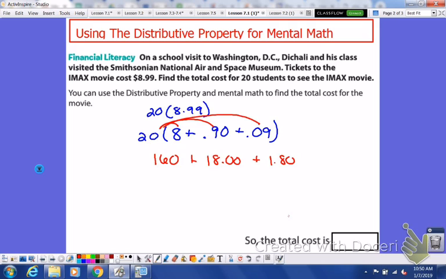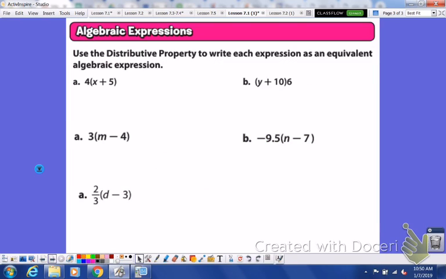Go ahead and add all those up. Watch your decimal places. You get 179.80 because we're talking about money. So $179.80. Don't forget your dollar sign or your zero. Double check it. Yes, we are correct. $179.80.